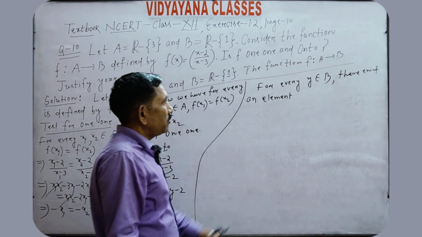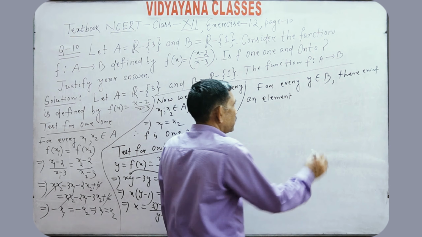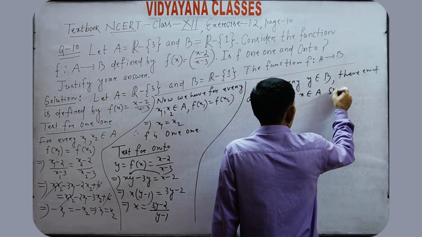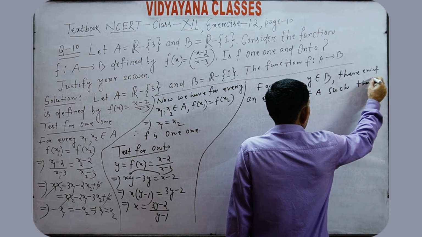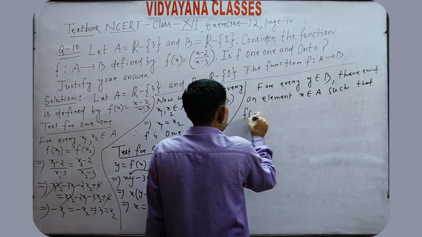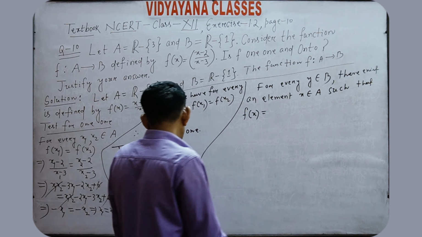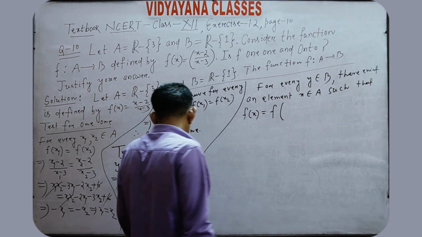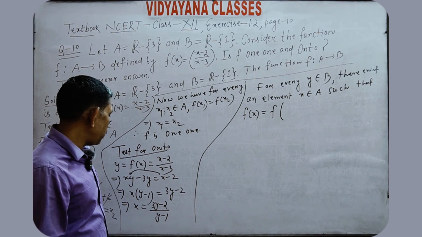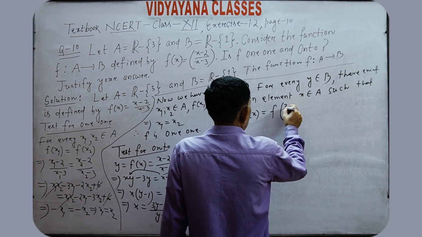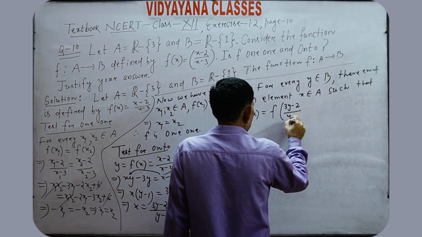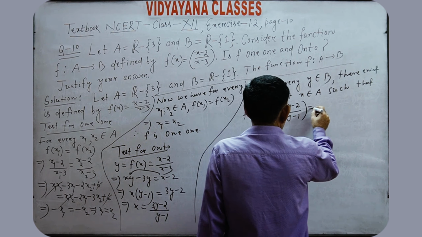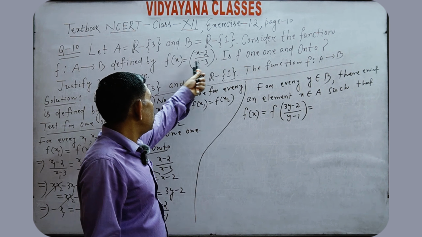For every y belonging to capital B, there exists an element x belonging to capital A, so that f(x) is equal to y. What is the value of x? x is equal to (3y minus 2) divided by (y minus 1), which is the same as f(x) is equal to this.